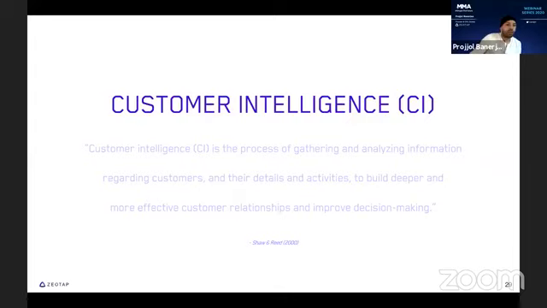And if you look at this definition of customer intelligence from 2000, it bears very deep resemblance to the overall idea of marketing, or the value that marketing can provide to brands, which is the analysis of information to build deeper and more effective customer relationships, thereby contributing to improved decision making.